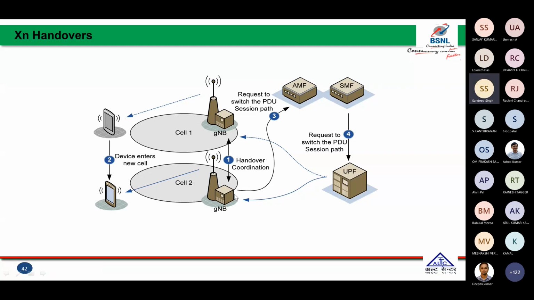They request to switch the PDU session path from this node B to another node B. The AMF sends the path switch information to the SMF, and the SMF requests to switch the PDU path to the UPF, and then the UPF creates a tunnel to the target handover gNodeB. This is the 4-step process for the Xn handover.